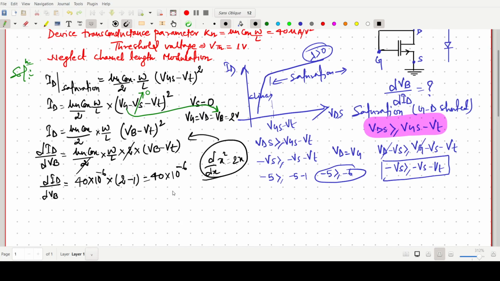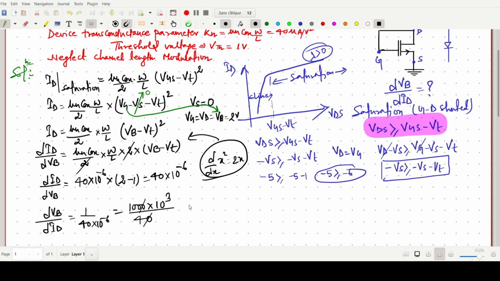Okay, so now after that, in the question they are asking about the small signal resistance, so we have to just reverse. Del Vb by del Id is nothing but simply reciprocal of 1 by 40 into 10 to the power minus 6, or we can write, for 10 to the power 6 will be in the denominator, so we can write like that.